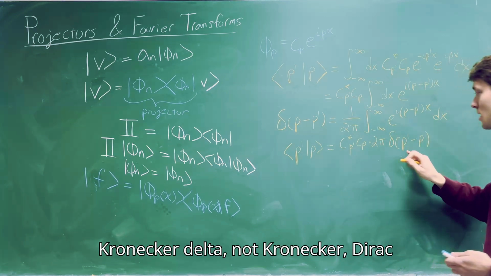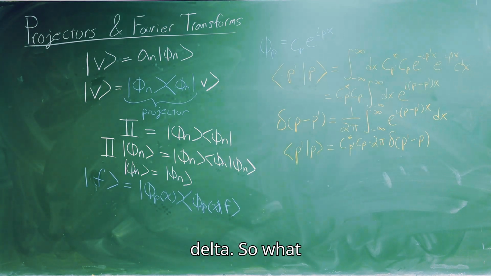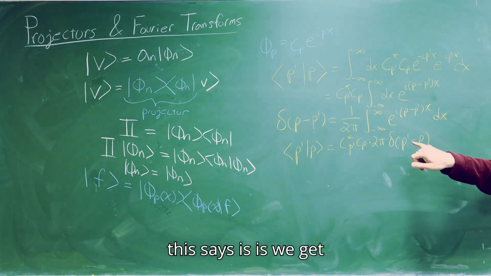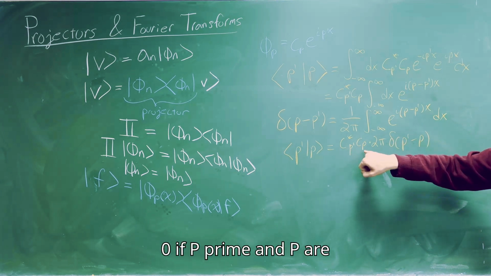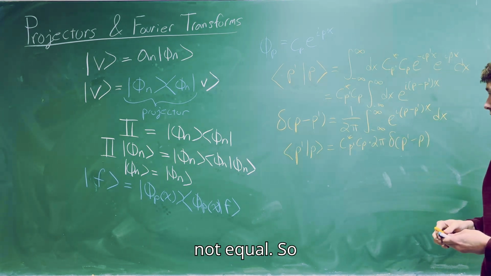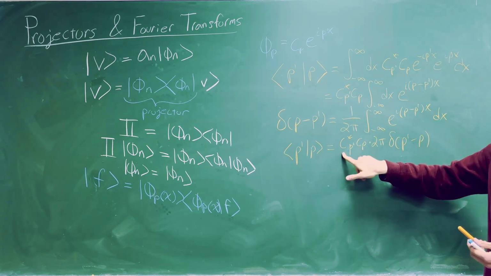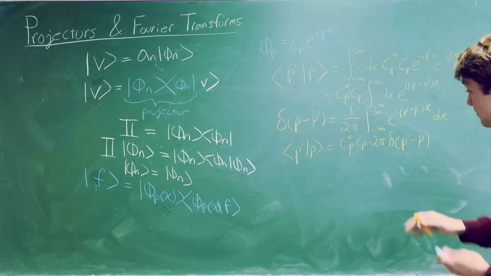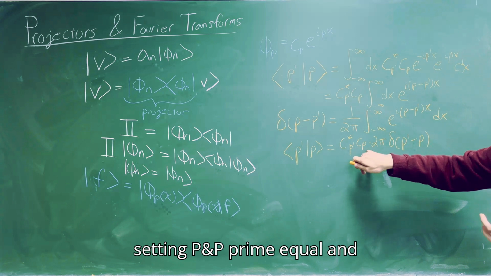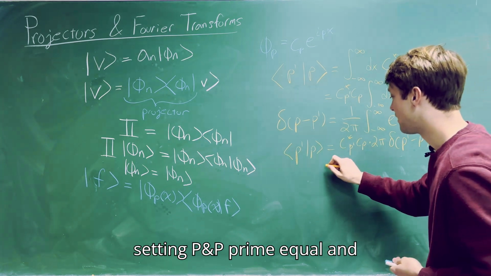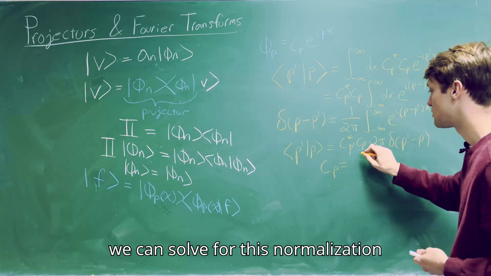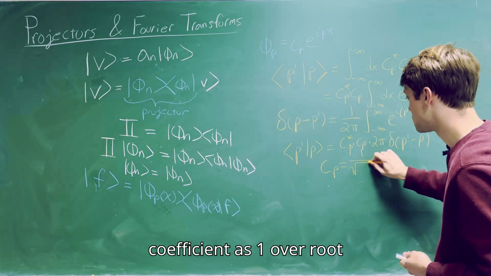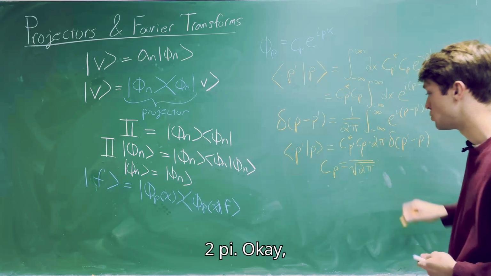Not Kronecker, Dirac delta. So what this says is we get 0 if p prime and p are not equal. So we can get rid of this, setting p and p prime equal, and eventually, long story short, we can solve for this normalization coefficient as 1 over root 2 pi.